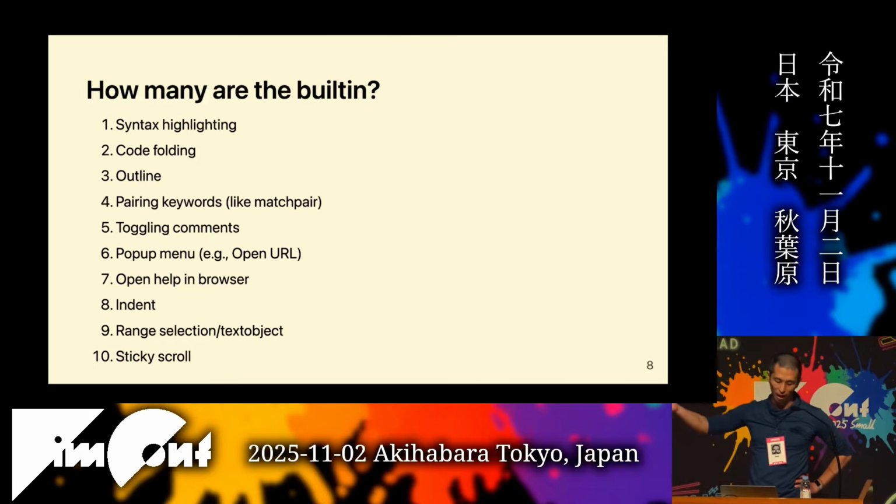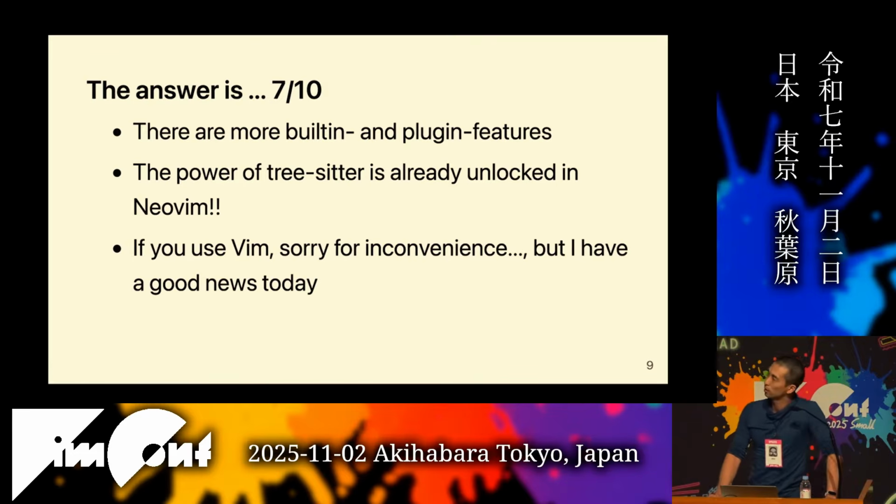Syntax highlighting, code folding, outline, and so on. The answer is 7 out of 10. And I just picked some of them, so there are even more built in, and of course plugins provide many more features. So the power of Treesitter is unlocked already in Neovim.